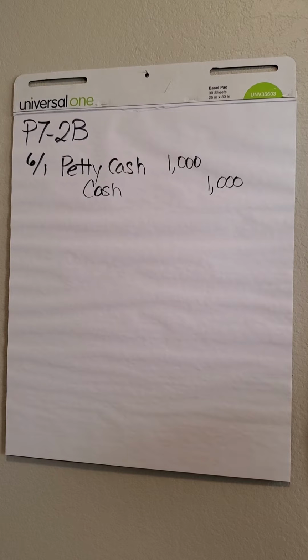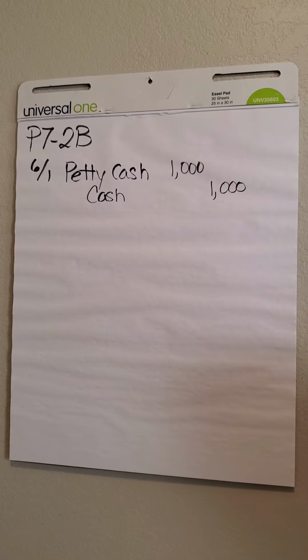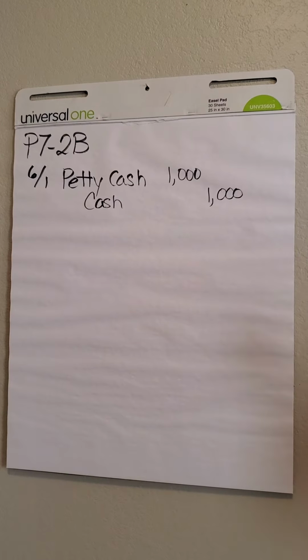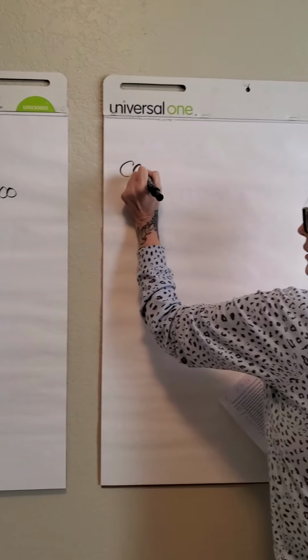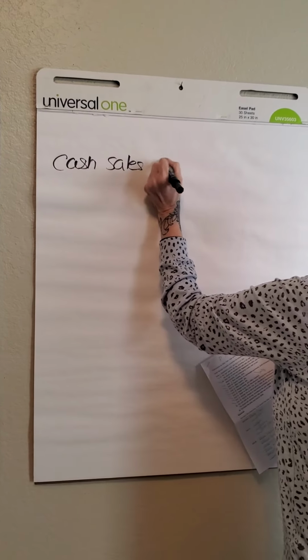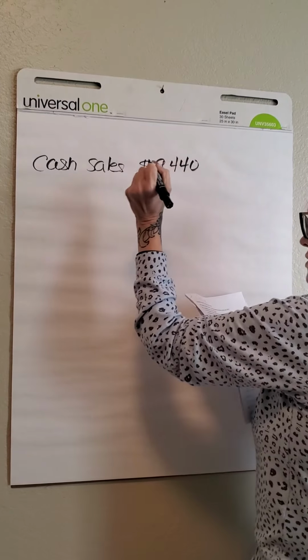The next entry we have to take care of is on 6/12. The cash sales for the day totaled, according to the register, $9,440.